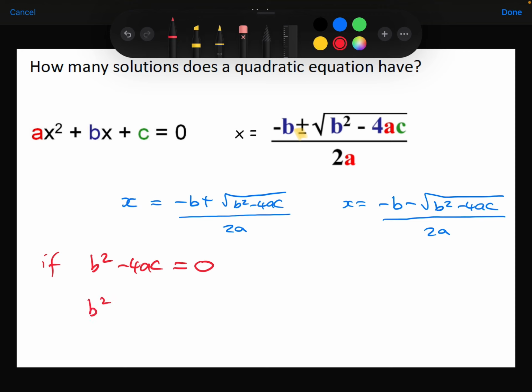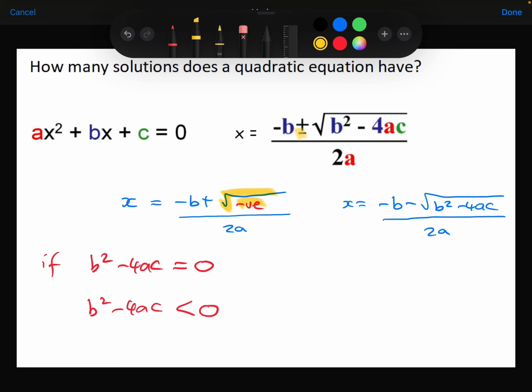What about if b squared minus 4ac is less than 0? If it's negative? Well, the issue there is if this is a negative number, then we're going to try and square root a negative number. Now, there are no real solutions to that. You can't square root a negative number and get a real answer.